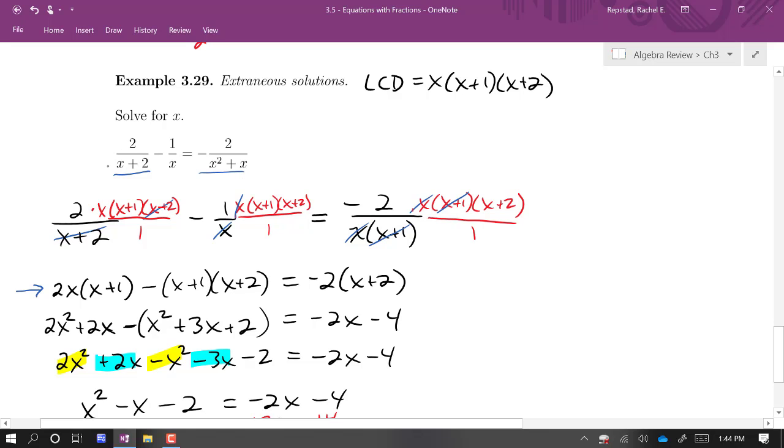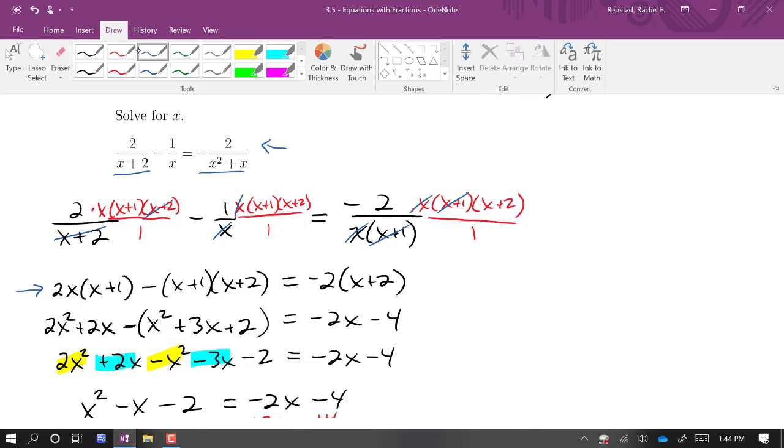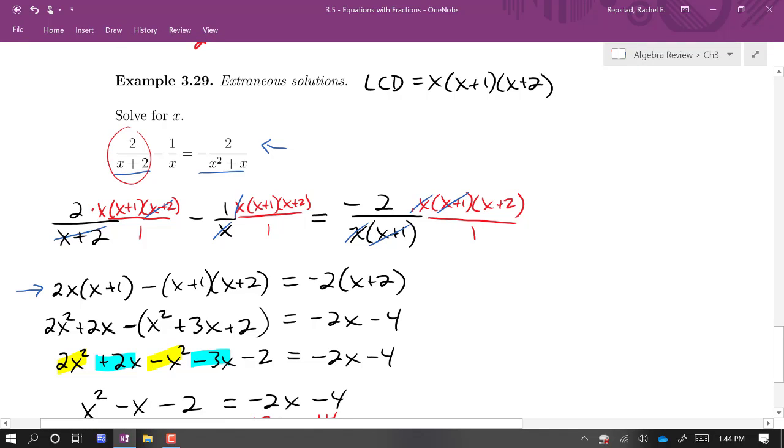So in this equation, the one that we're given, x is not allowed to equal negative 2, because if x is equal to negative 2, it makes us divide by 0 here. Also, x is not allowed to be 0, because it would make us divide by 0 there, and x is not allowed to be negative 1, because it will make us divide by 0 in that fraction.